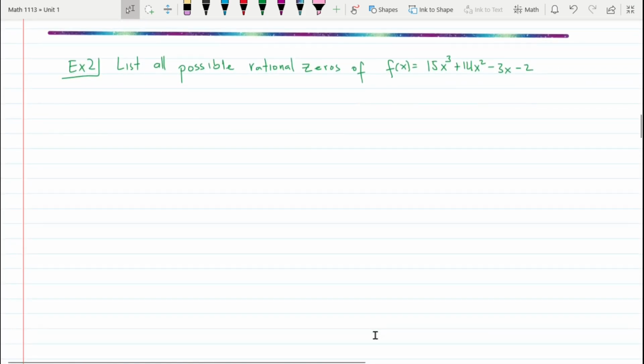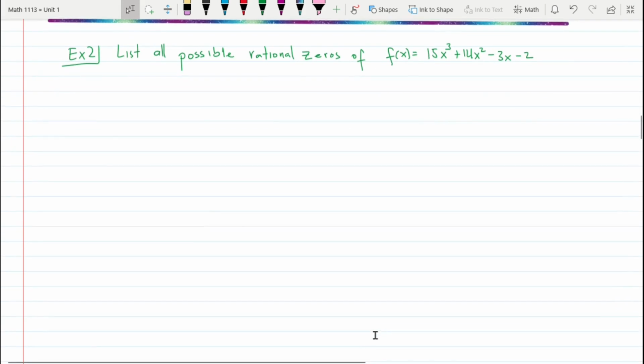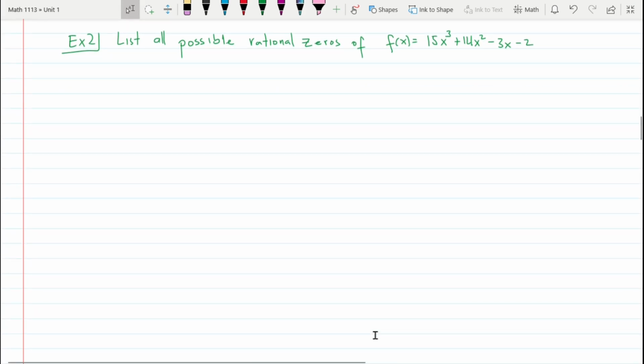Let's do another example, and this one is going to be same exercise as before, where we're listing all the rational zeros of the polynomial f of x, which in this case is 15x to the third power plus 14x squared minus 3x minus 2. So let's go ahead and do the same thing, where we are listing the different factors.